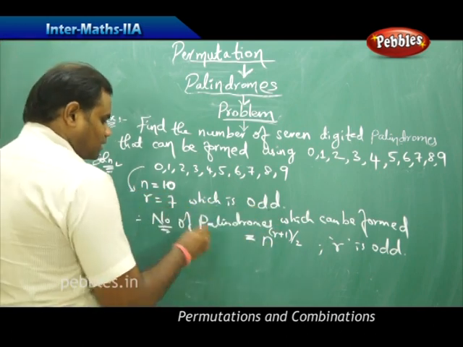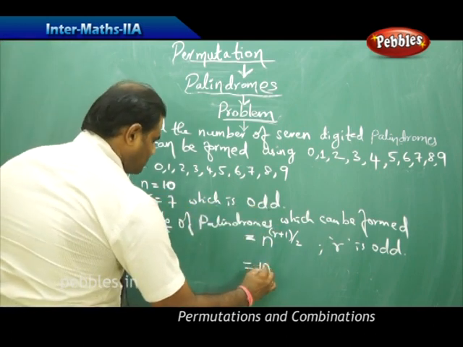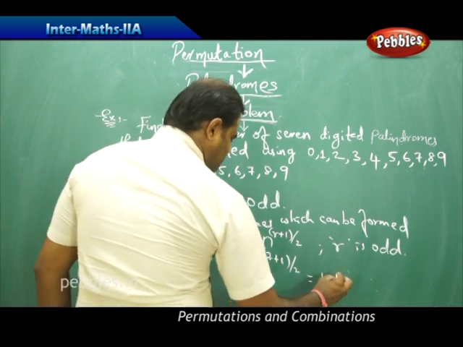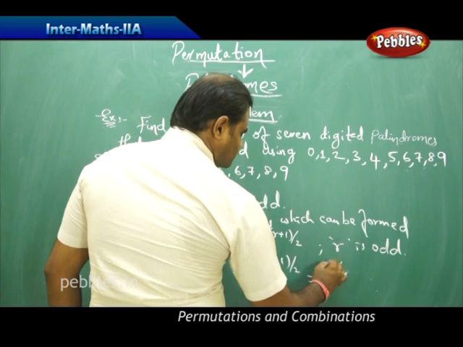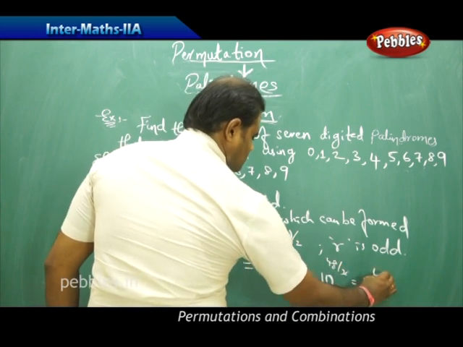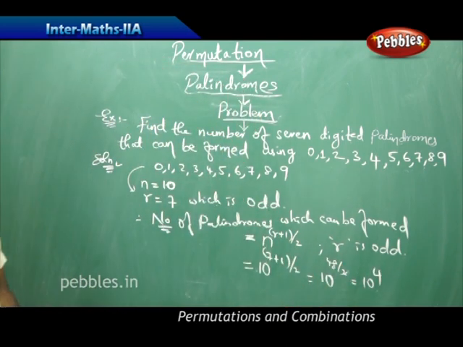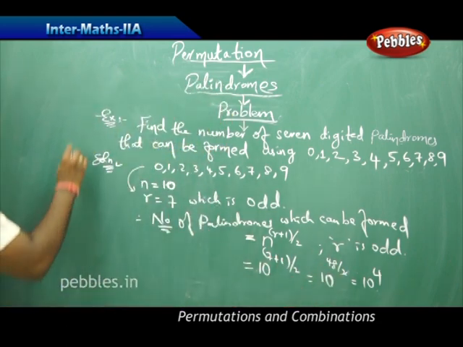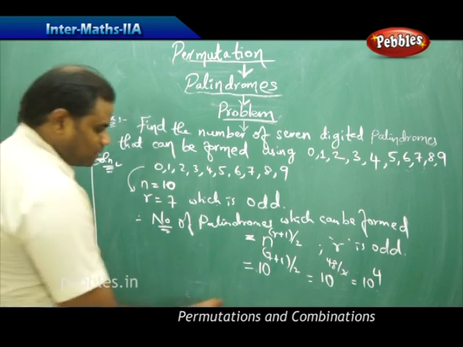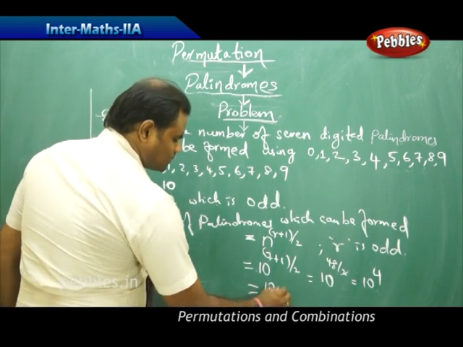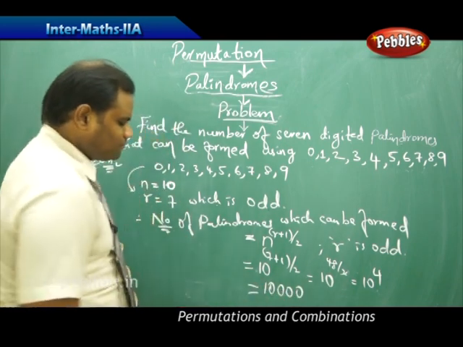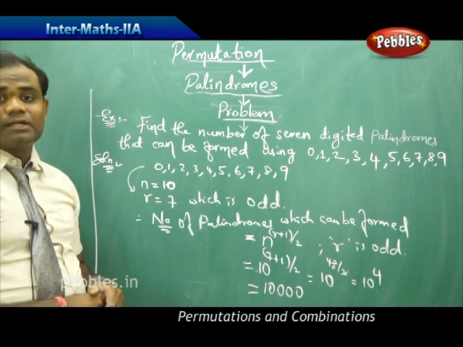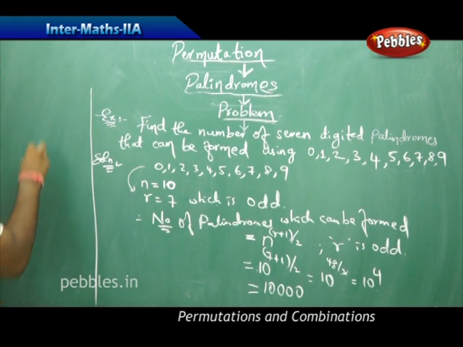Substituting n and r, I get 10 power (7 plus 1) over 2, which is 10 power 8 by 2, which is 10 power 4. That is 10,000 different palindromes which can be constructed as 7-digit palindromes.